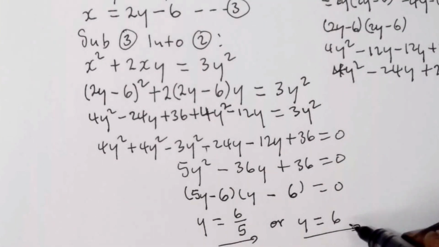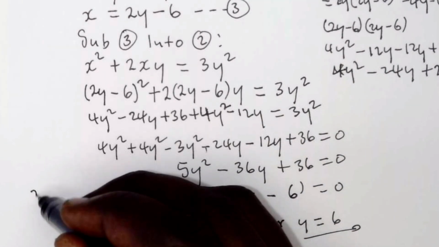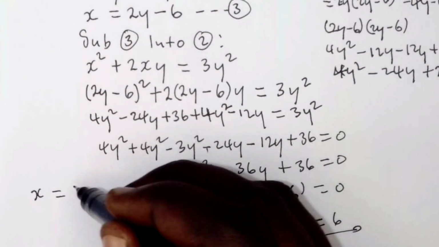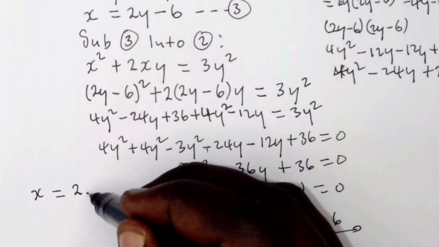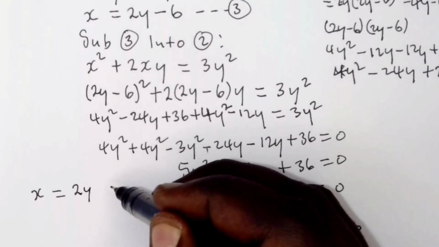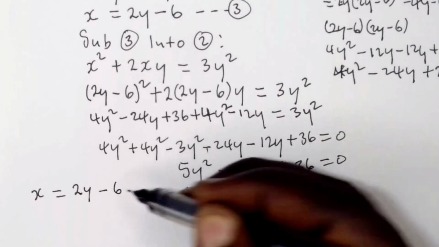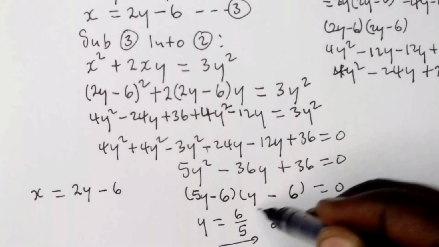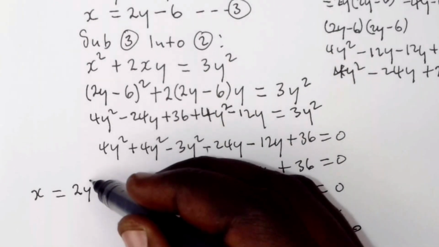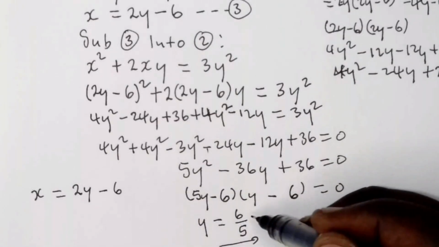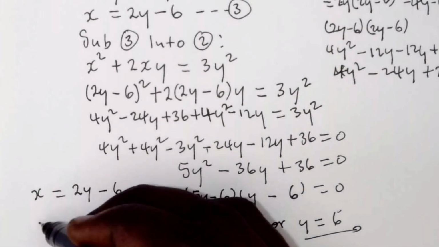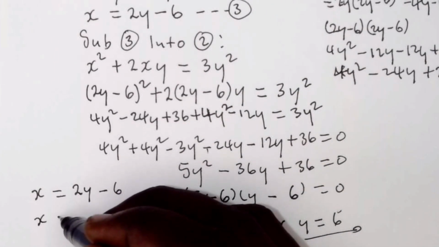So from this point, we need to find x. Remember, we are going to use equation 3 to find x. But now, because now we know what is our y. All right. So we are going to use 6, put 6 here, get x, put this one here, then you get x. So let's start with this one.